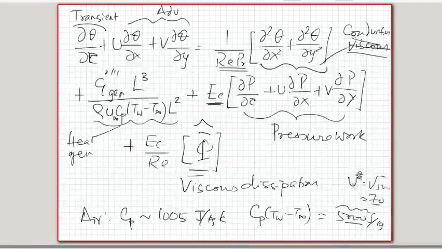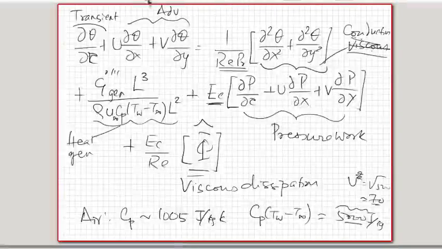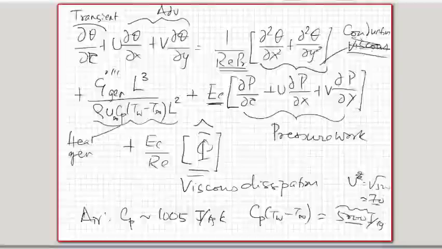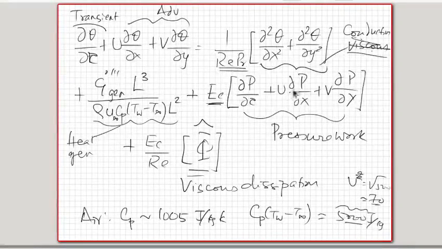So only when U squared is very large does this produce any significant effect, otherwise it's not. So the Eckert number shows that only with high speed flows do we have the importance of pressure work, otherwise pressure work is not important. So the pressure work term is normally important in high speed flows.